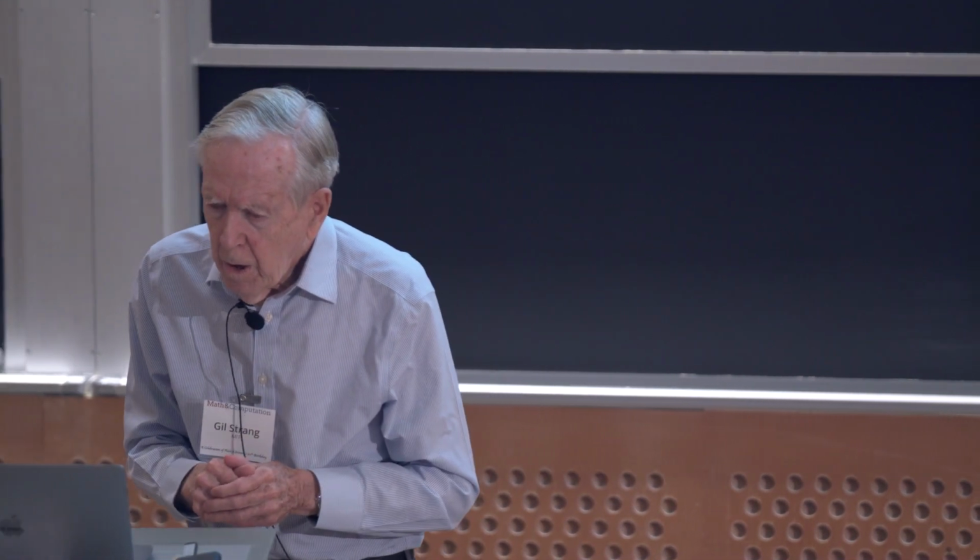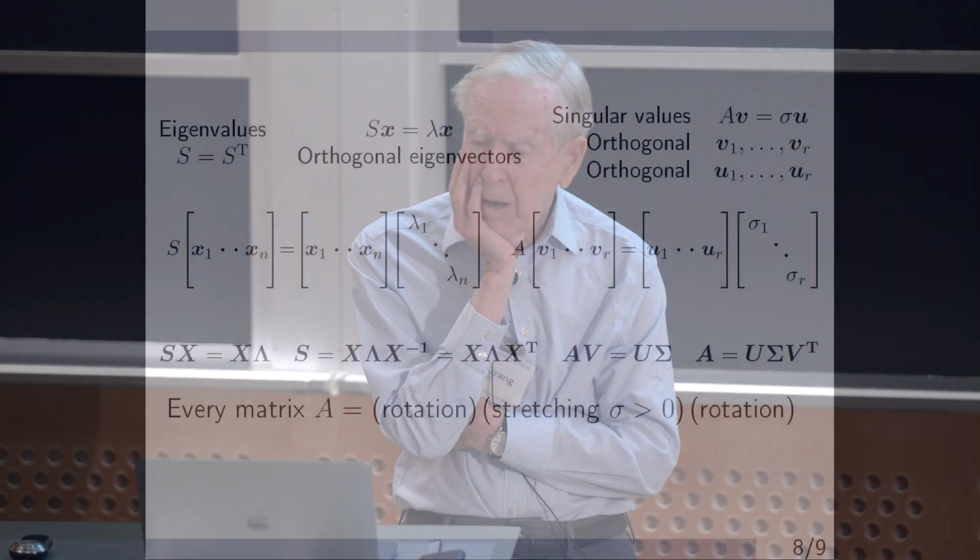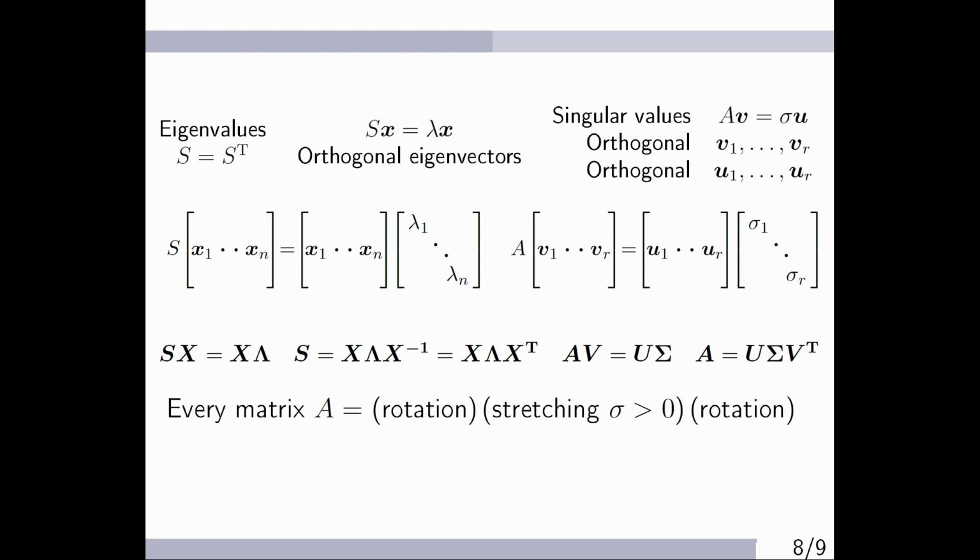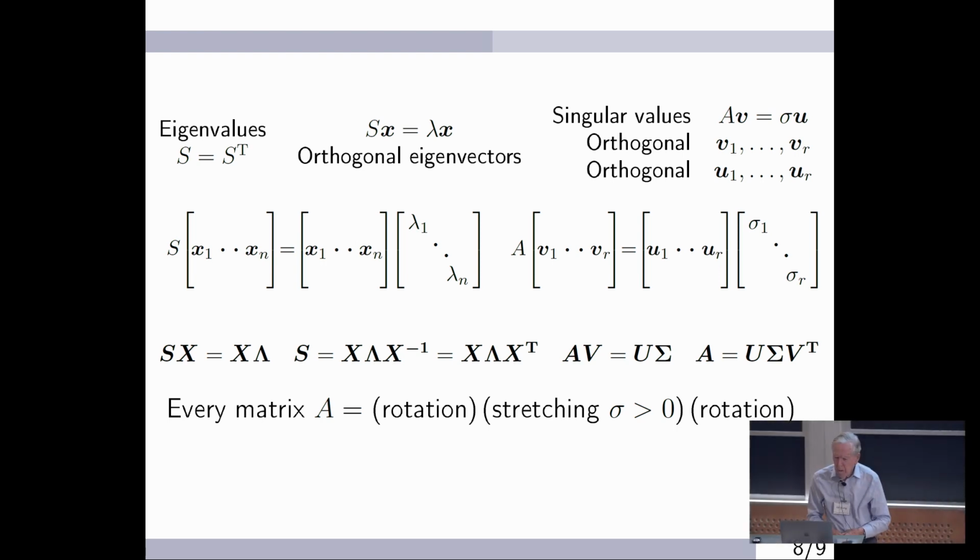Yeah. Well, okay. Here is my little comment about the SVD, in parallel with the eigenvalue problem. On the left we have the eigenvalue problem. On the right we have the singular value problem. A student naturally thinks of the eigenvalue problem as Sx equal lambda x.